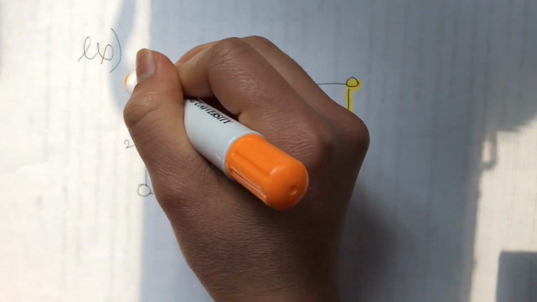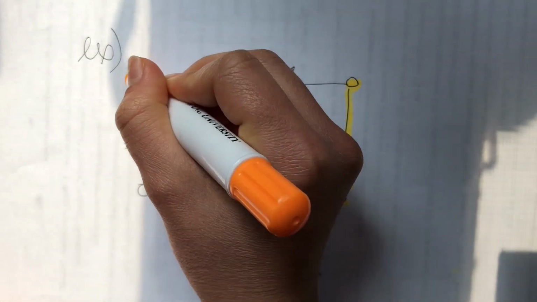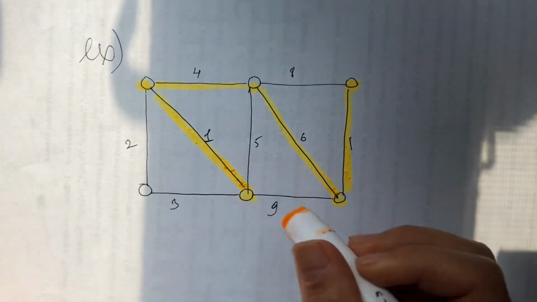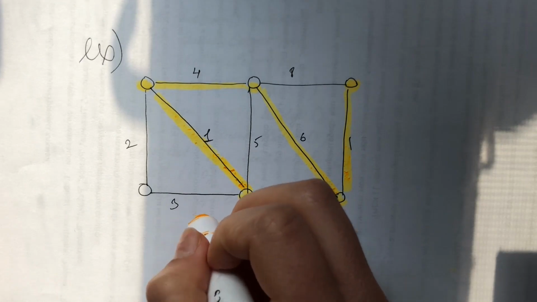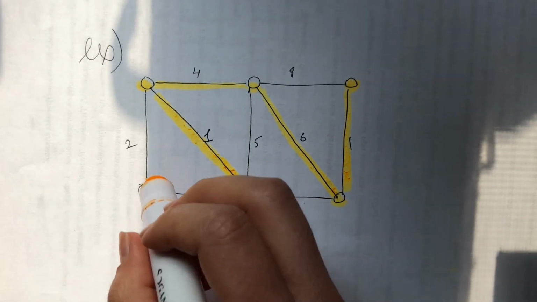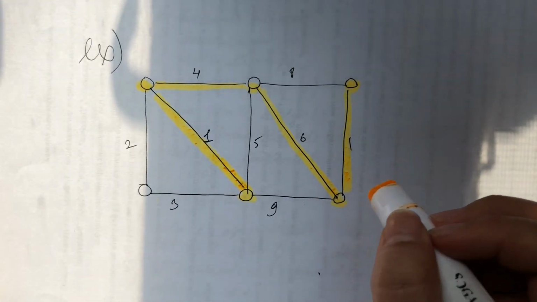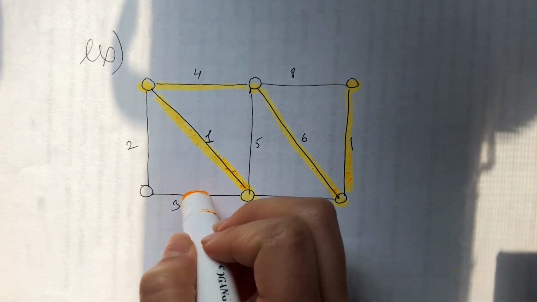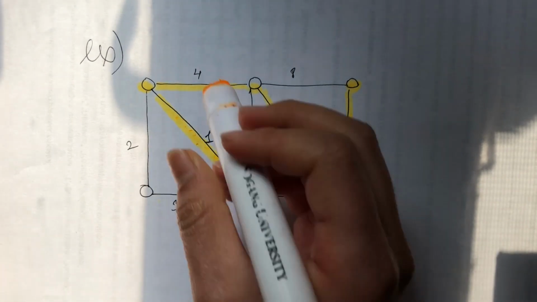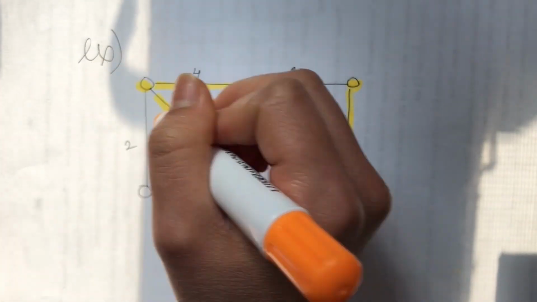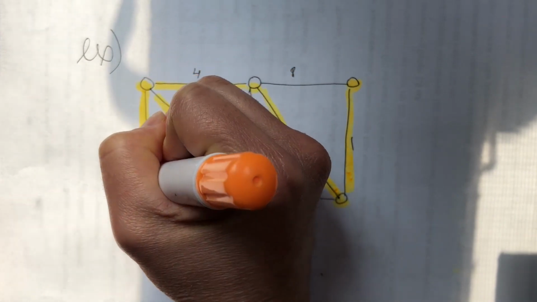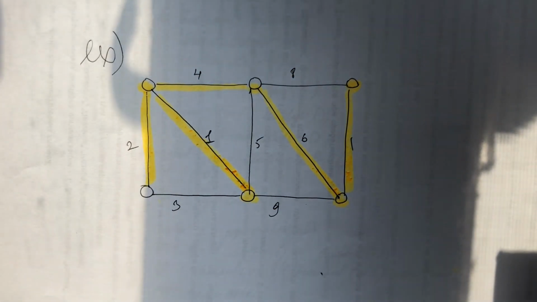These are the visited vertices. The one that is left is this vertex, and here we just must look at which one is less, 3 or 2, and we pick the 2. And here is the total minimum spanning tree. Now we will have a look at the code.